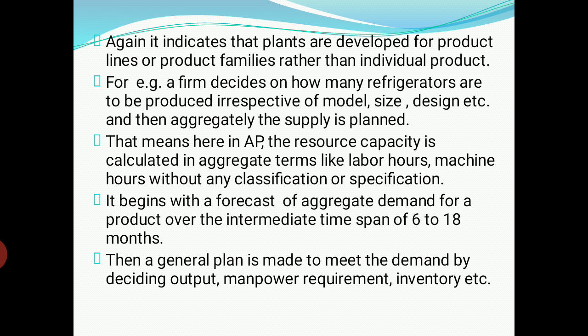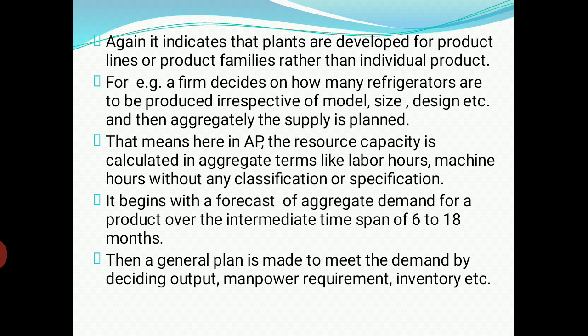It begins with the forecast, as I told you, of aggregate demand for the product over an intermediate time span of 6 to 18 months. Then a general plan is made to meet the demand by deciding the output, the manpower requirement, inventory, etc. Right? Once we forecast what the number of demanded refrigerators would be within the next 6 to 18 months, you are predicting the future.